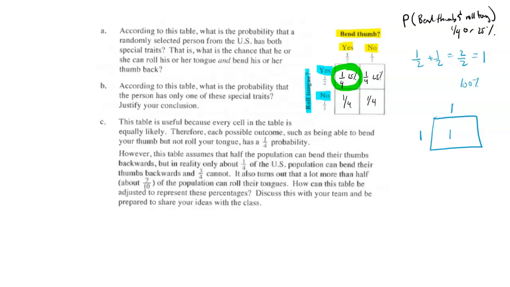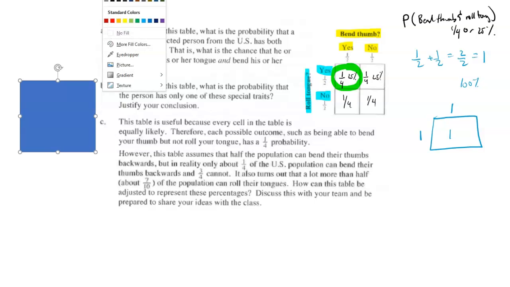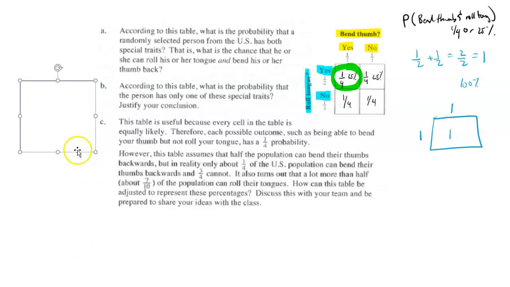What happens though if it's not all the same? What happens if we continue reading down and I see that 1/4 of the population can actually bend their thumb backwards? Let's create a new box.